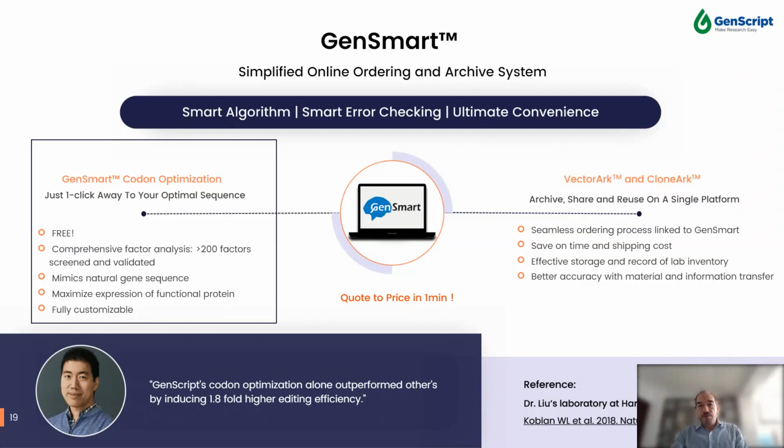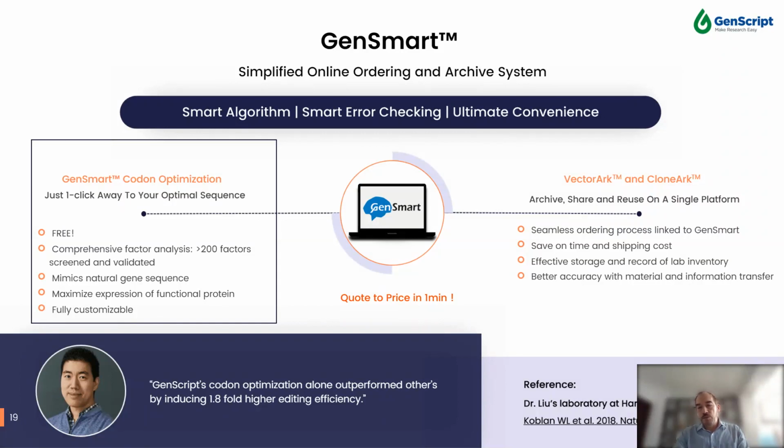I mentioned the GeneSmart software system that we have. It's a very useful system for optimizing your codon, your gene sequence. It is very easy to use and does very comprehensive analysis using over 200 factors that have been screened and validated. It mimics natural gene sequences, maximizes the expression of the functional protein, and is fully customizable.